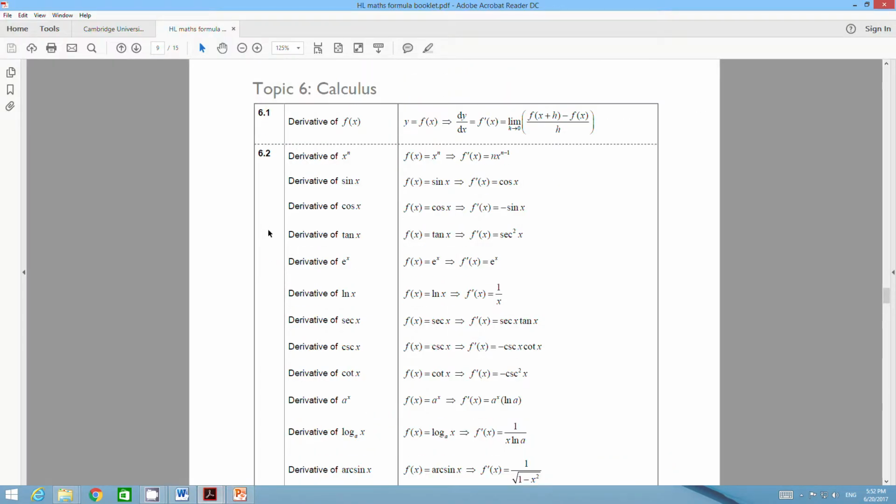If you go to the formula booklet under calculus, we all know the very basic derivative, nx to the power of n minus 1, and we have also seen the derivative of e to the power of x, and also the derivative of the natural log of x. Now in your formula booklet you will notice here the derivative of sine of x, cosine of x, and also tangent of x.